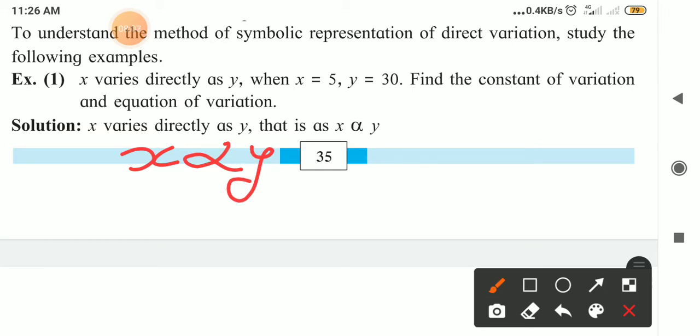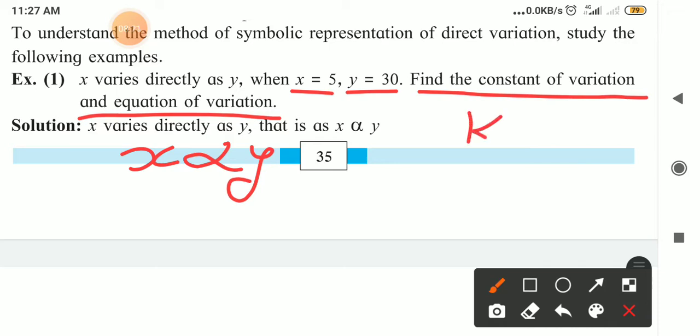Then here x is equal to 5 and y is equal to 30 are given, and we have to find the constant of variation and the equation of variation. First of all the constant, meaning k, we have to find, then I will tell you how to do the equation. So x varies directly with y, that we write here.